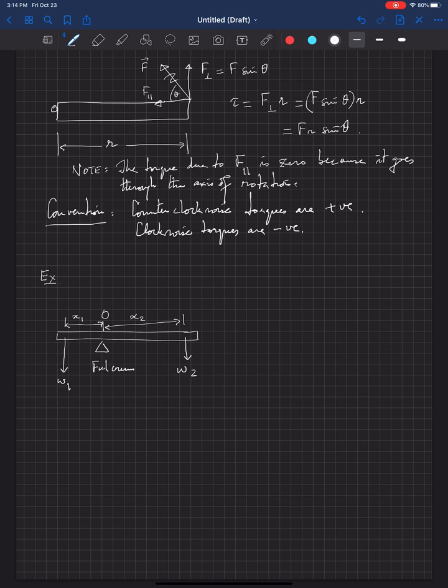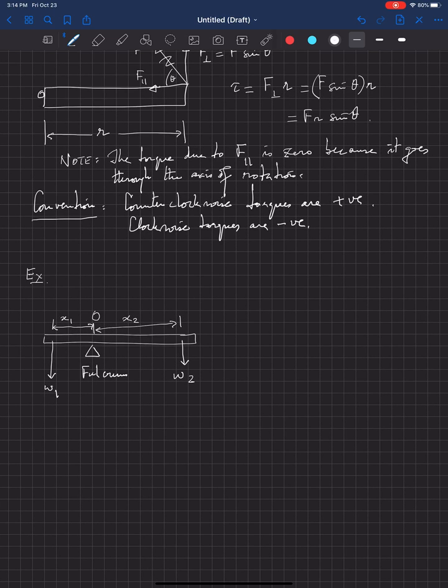Now we want to use our conditions of equilibrium in order to determine various properties of the system. So the first thing to do, as always, is to draw a free body diagram. So let's draw a free body diagram. All right, so here we go. Sorry.